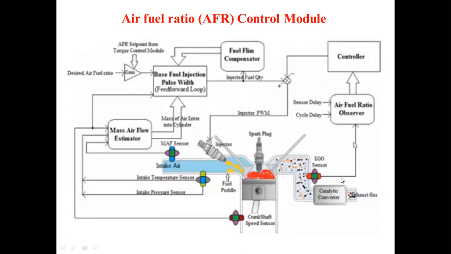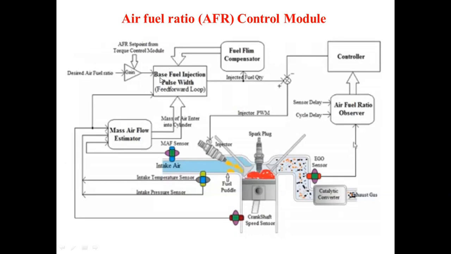This exhaust gas oxygen sensor will observe the air fuel ratio, and this observation may have sensor delay or cycle delay, and this information is given to the controller. The controller takes this information together with the injector fuel quantity you are getting from the fuel injector.